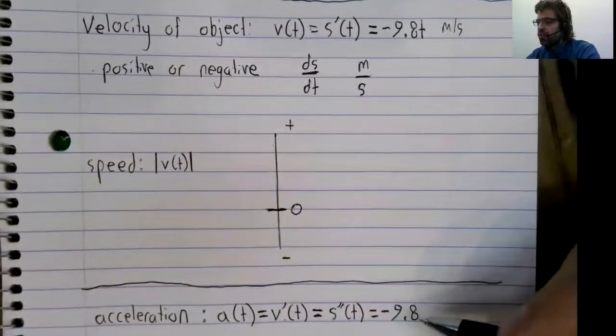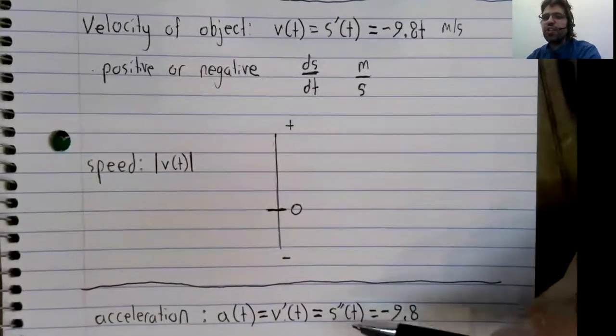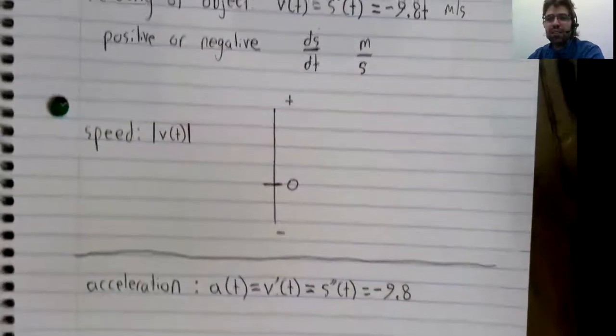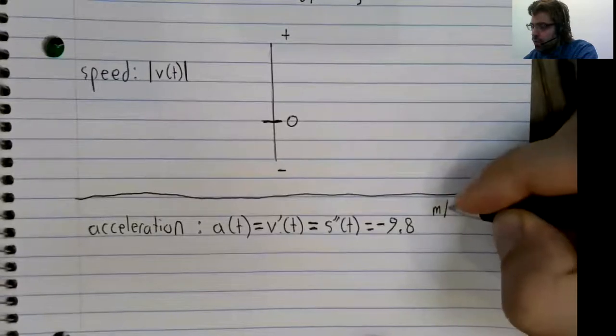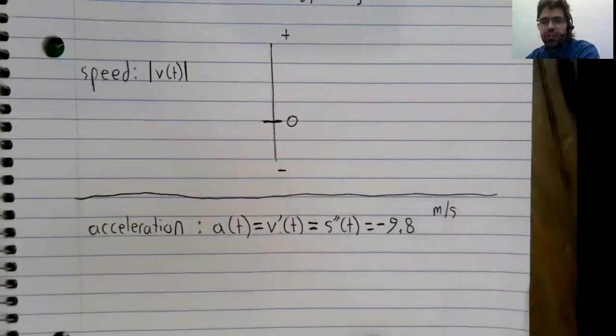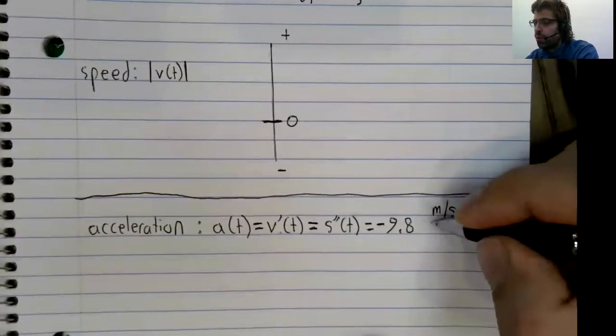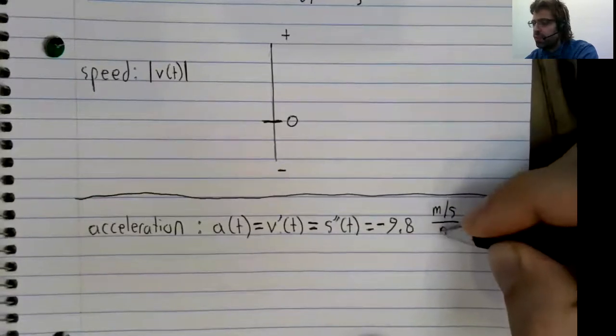Our units are what here? The units of the velocity were meters per second.